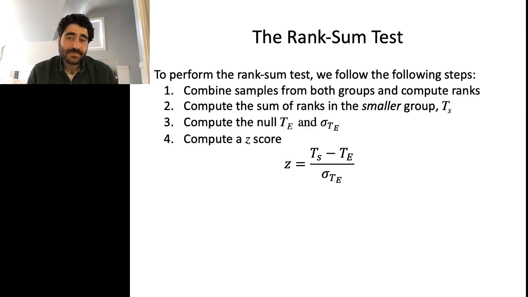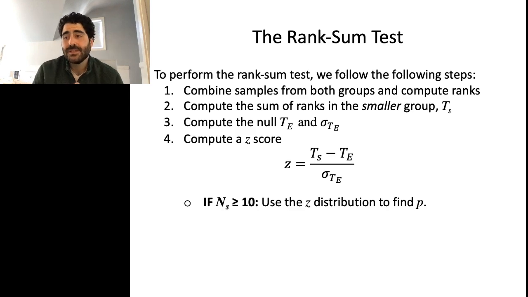We can say how far away is what we observed in the data from this null expectation, and then divide by the standard error of our null distribution. So this is putting this into z units, which is how many standard errors away from the center of the null distribution we are. And so at least if our data set is relatively big, this z-score is going to be a true z-score, meaning that it's actually normally distributed.